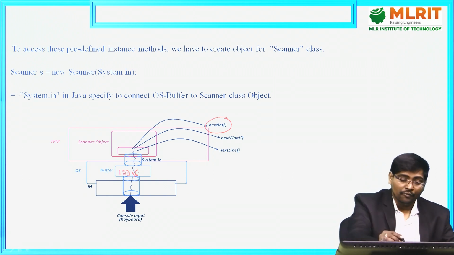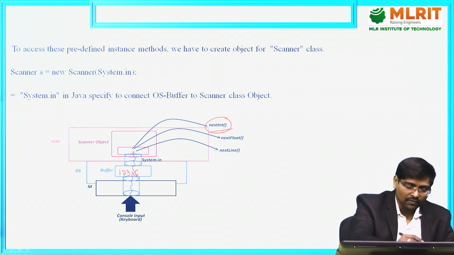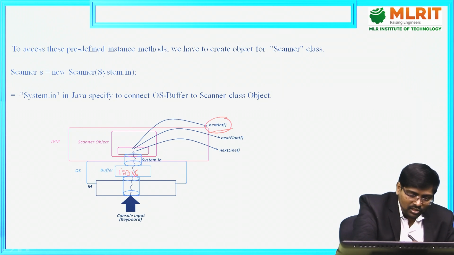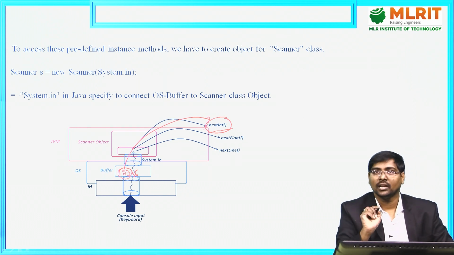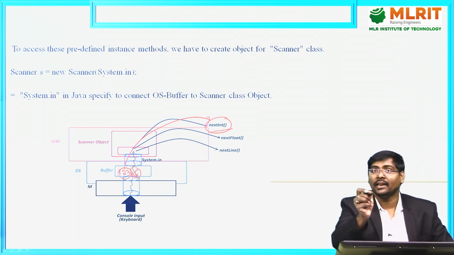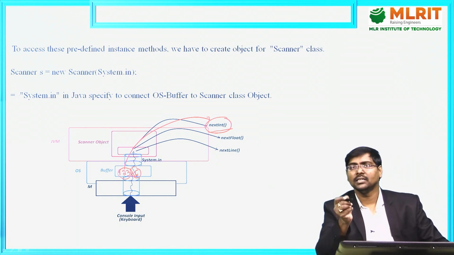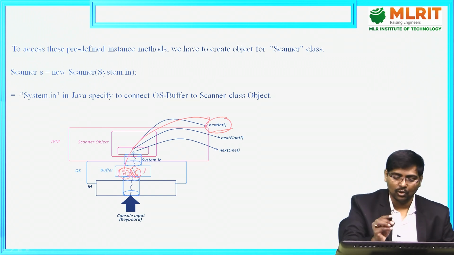Now, whenever you are using nextInt, it reads only integer value. Among this, 123 is the only integer. Only 123 is extracted. Now, this buffer consists of an empty value.